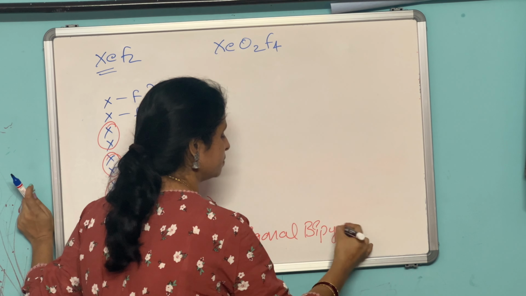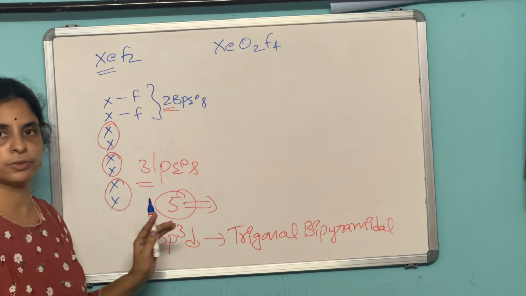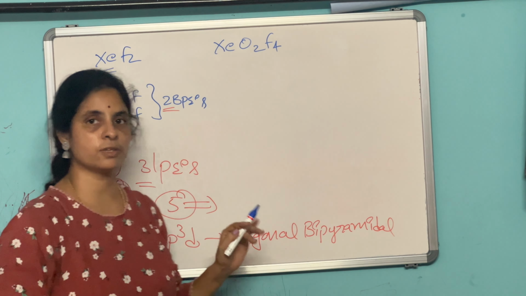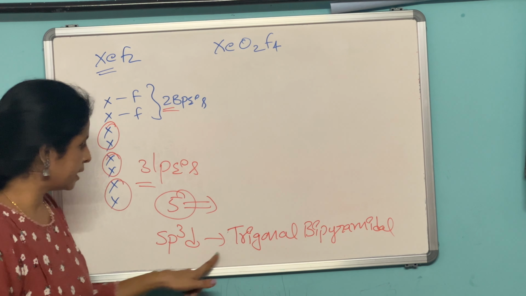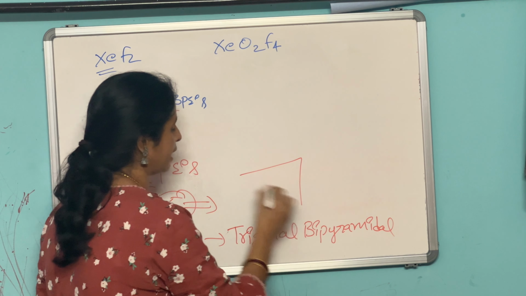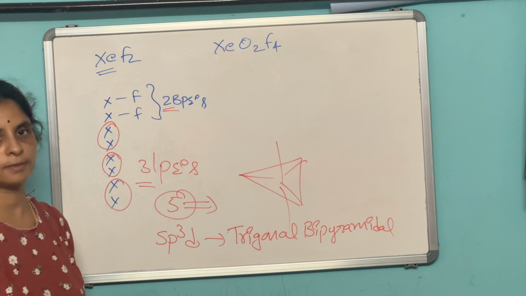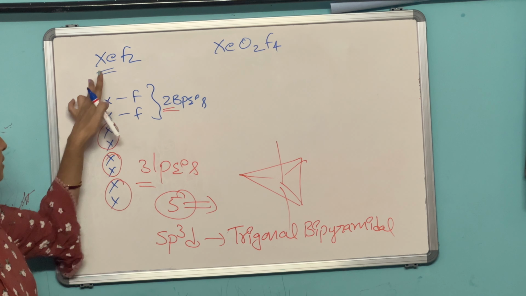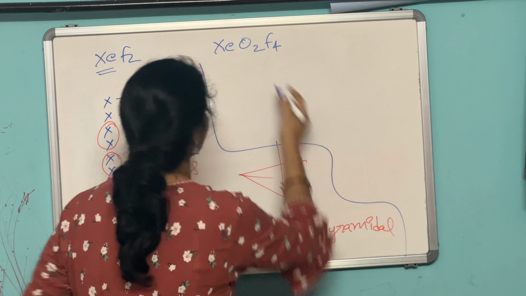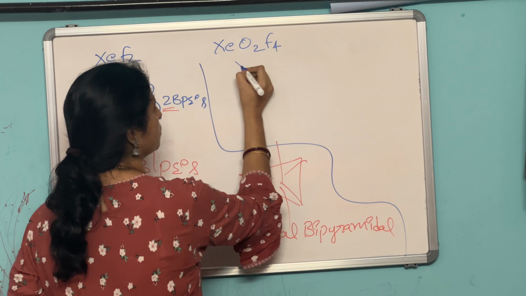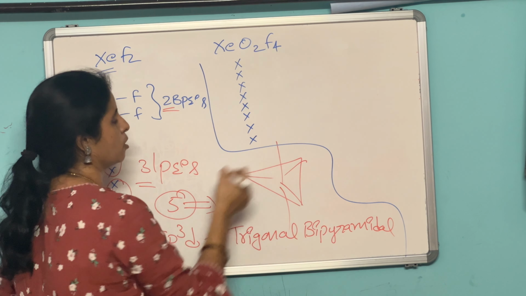Clear? Okay, after watching this video, this concept should be super clear to you. sp3d trigonal bipyramidal means triangle like this. Okay, let's see XeO2F4. Now for this one you find out the hybridization. Xenon belongs to 8th group, 1, 2, 3, 4, 5, 6, 7, 8 cross marks.